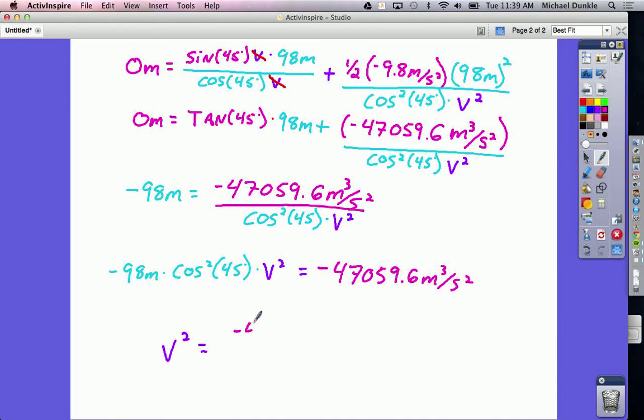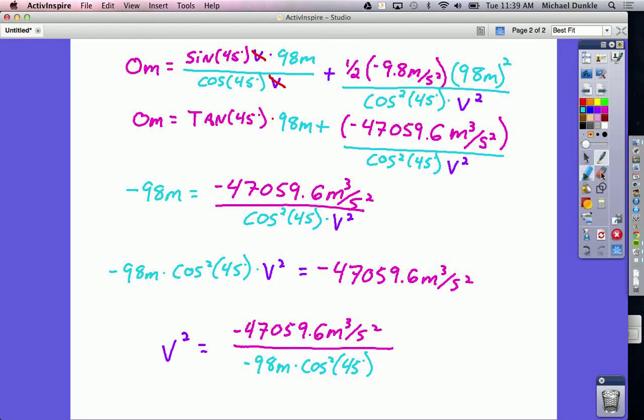I get negative 47,059.6 meters cubed per second squared divided by negative 98 meters multiplied by cosine squared 45.